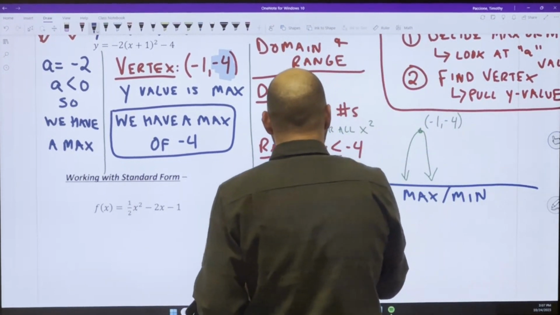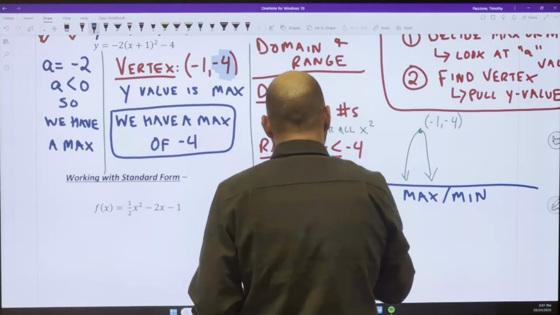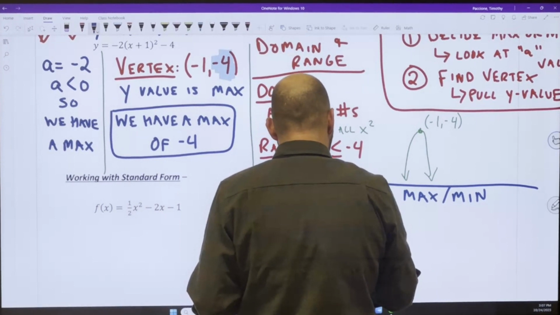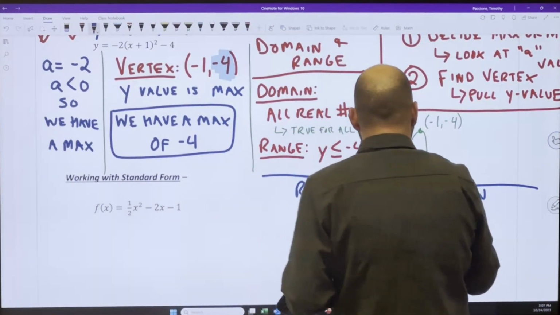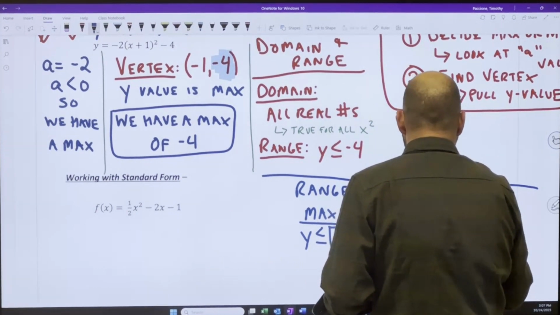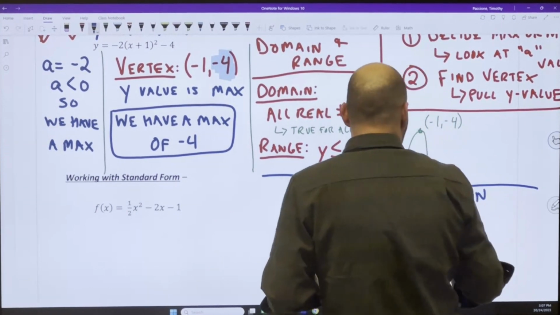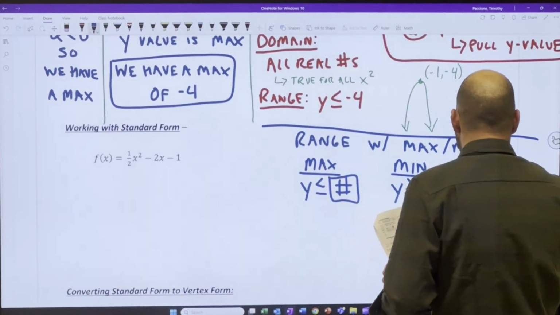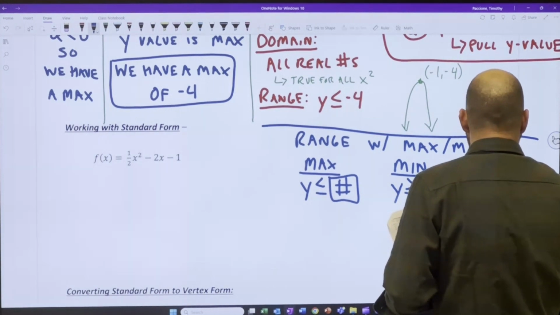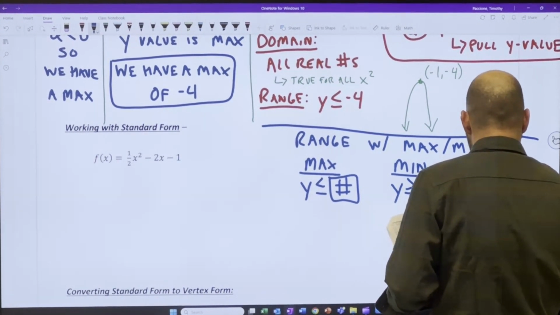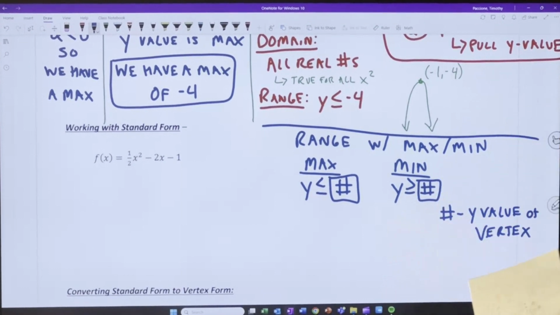If you have a max, it'll be y is less than or equal to a number. If you have a min, it'll be y is greater than or equal to a number. And that number, of course, is the y value of the vertex.